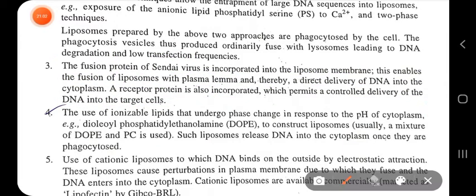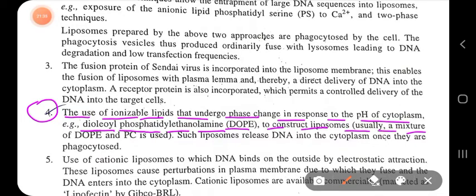Next, number 4, it says the use of ionizable lipids that undergo phase changes in response to the pH of the cytoplasm, like dioleoyl phosphatidylethanolamine, which is known as DOPE, to construct liposomes.